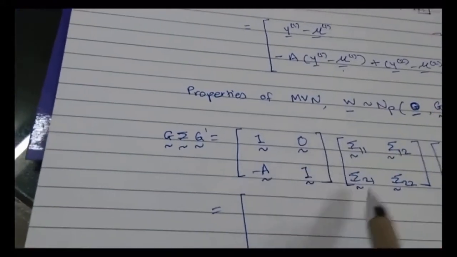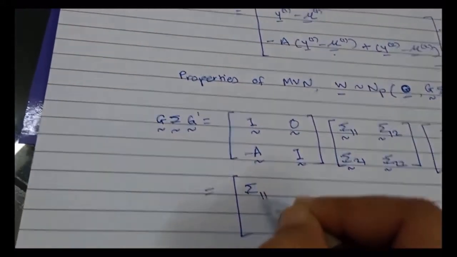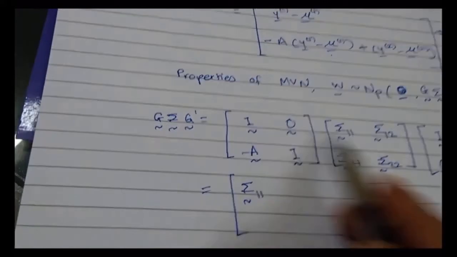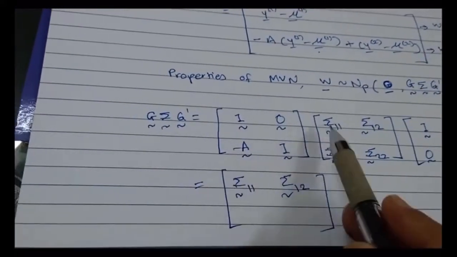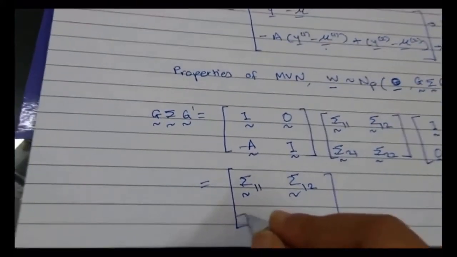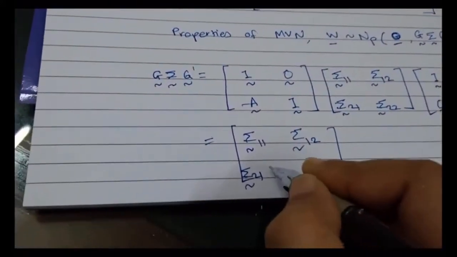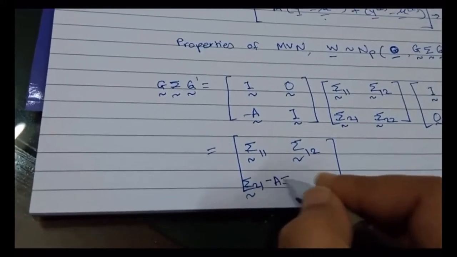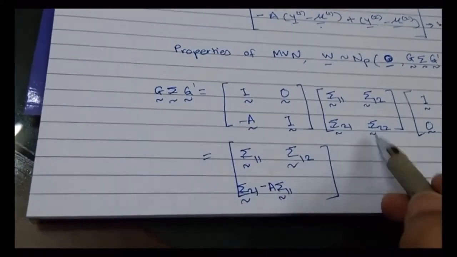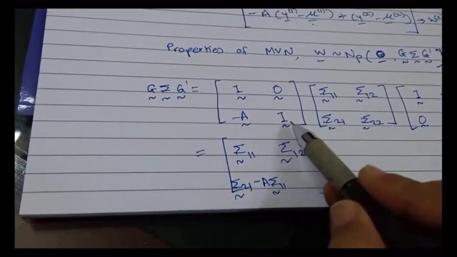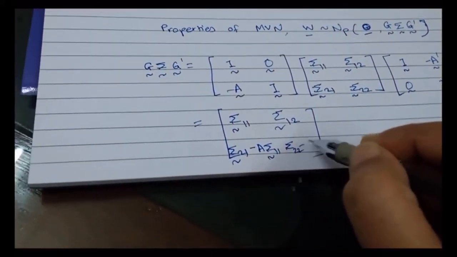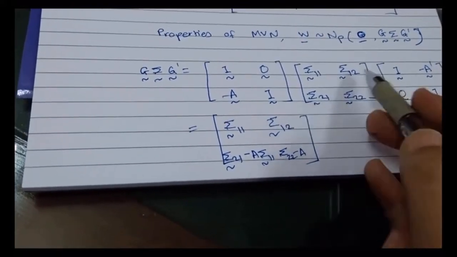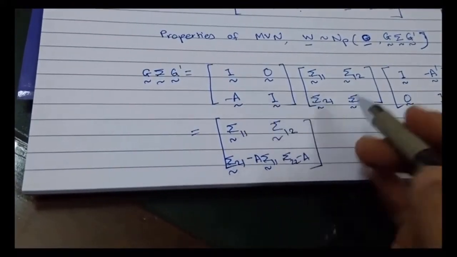So I into sigma 1 1, this is gone, so sigma 1 1, then I into sigma 1 2, this is gone with 0, so sigma 1 2, minus A into sigma 1 1 and I into sigma 2 1. So I have sigma 2 1 minus A sigma 1 1, and the last entry is minus A sigma 1 2 plus sigma 2 2.